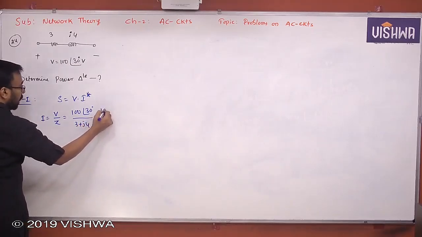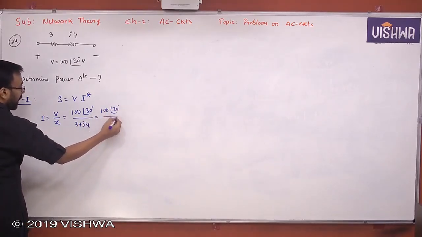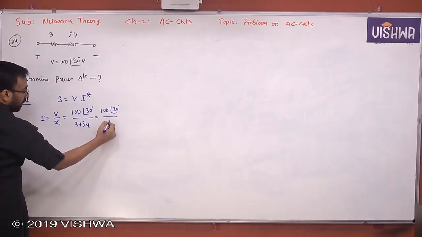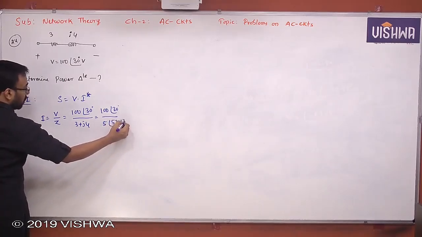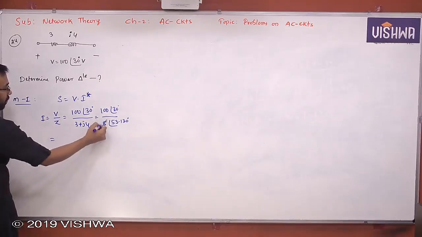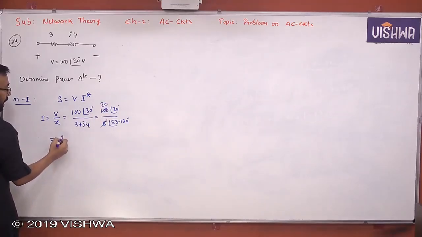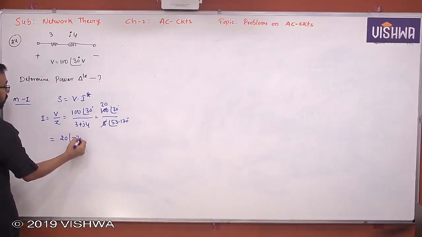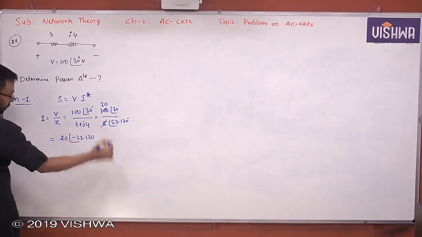You can calculate this in polar form: 5 at an angle of 53.130. So finally you get the current value, 20 at an angle of minus 23.130. Clear, all of you?